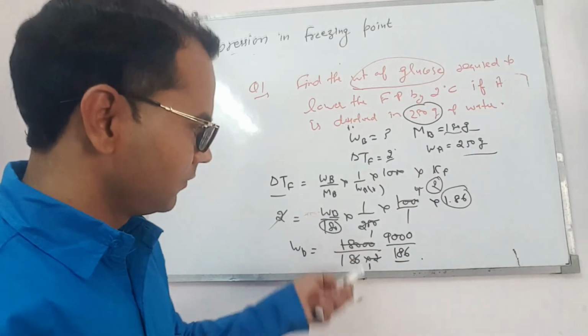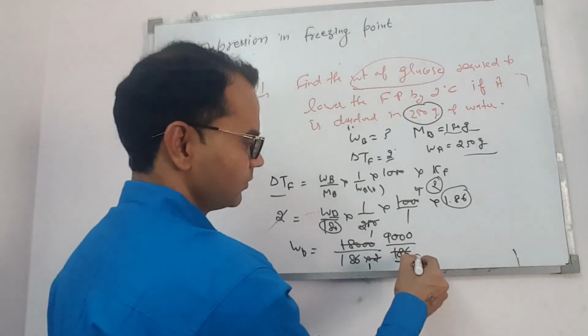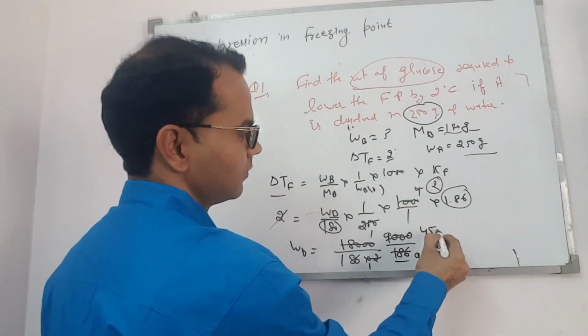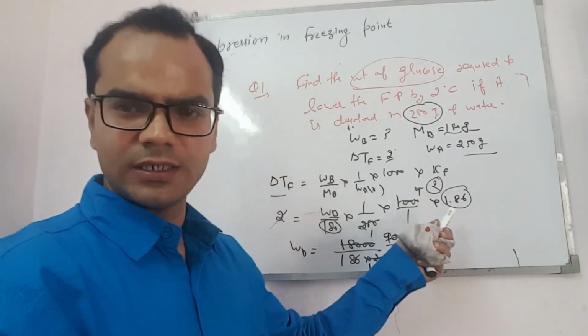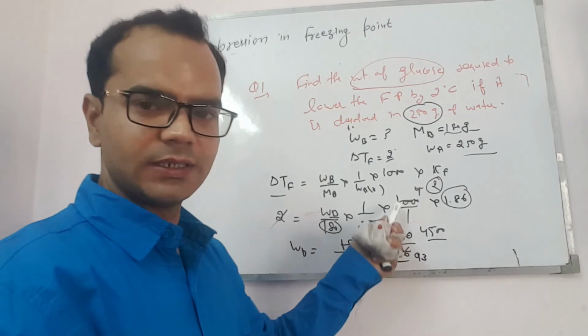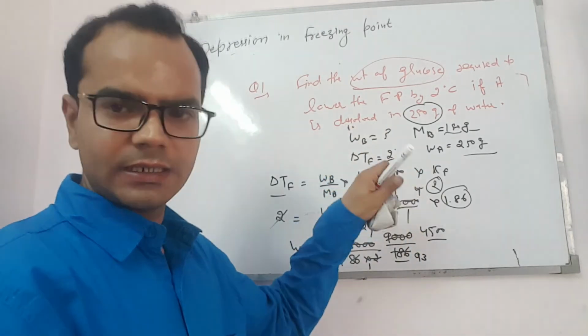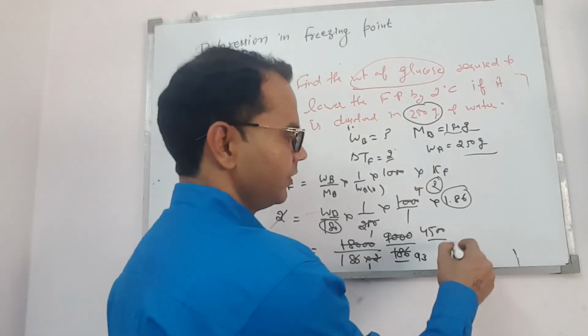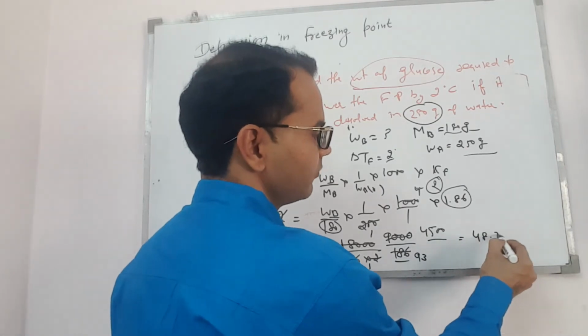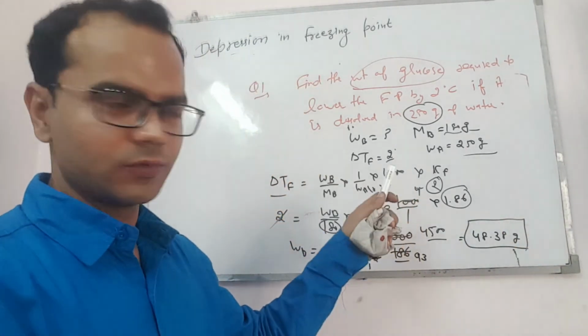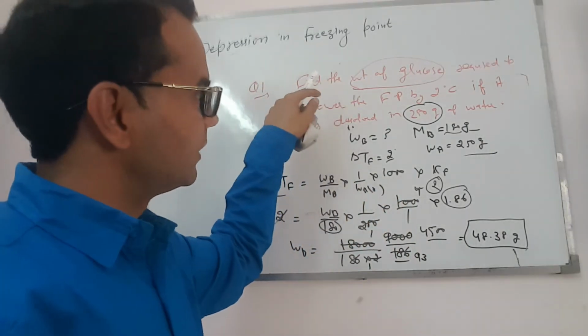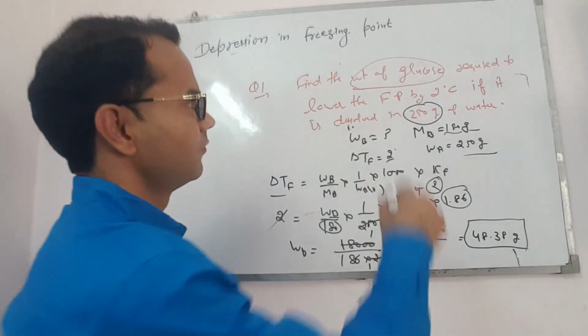We can further solve it. Divide it by 2. 93, 4500. Let's round off to 90. Answer will be 50, but 93 is bigger than 90, so answer will be slightly lower than 50. If we calculate exactly, answer will be 48.38 gram.